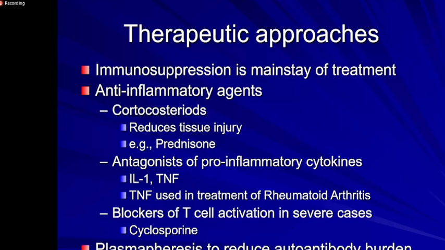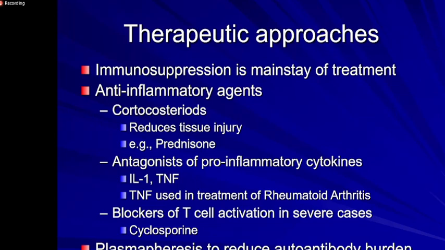Now, we do have different classes of agents which have been used. To start with, more common things occur more commonly. Corticosteroids are going to be used. These we know reduce tissue injury. Prednisolone is one of them. Hydrocortisone is also used in a number of things.